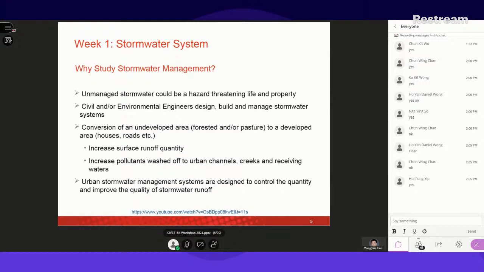So urban stormwater management systems are used to reduce flood risks, reduce the pollution of streams and other receiving water bodies, and also maintain ecosystem functions.